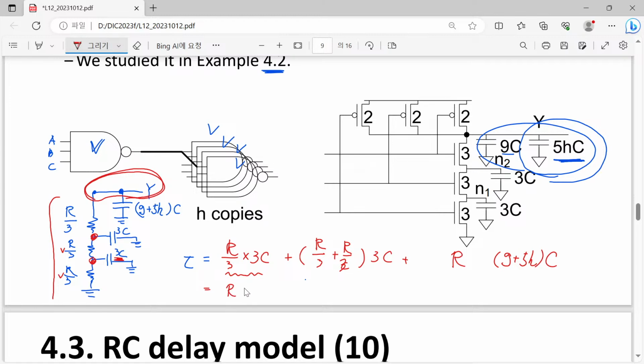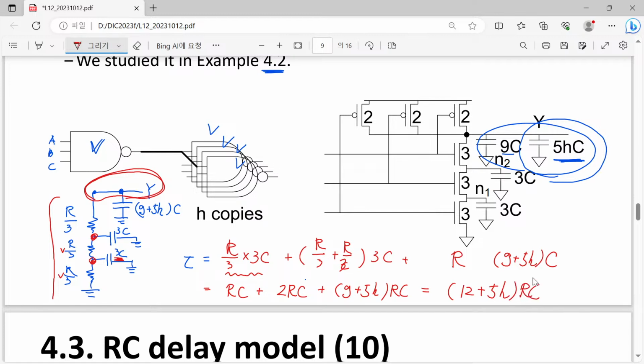The first term will give us RC, the second term will give us 2 times RC, and the third term will give us 9 plus 5H RC. When we sum them all, we will have 12 plus 5H times RC.